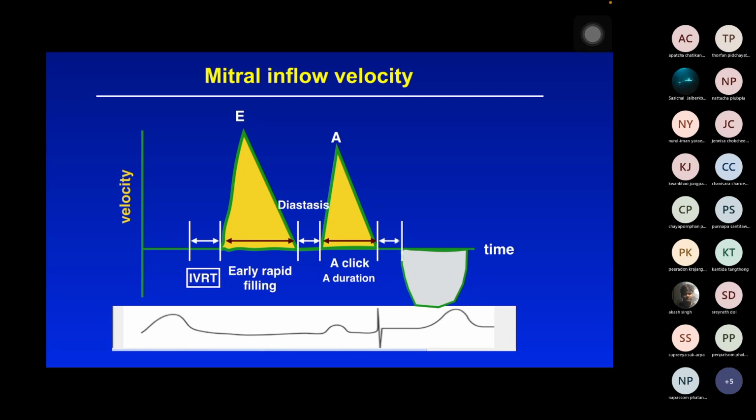And this one, from the end of the A wave to the next Doppler flow during systole, is called the IVCT. And the next one, in this phase, is the systolic ejection period.